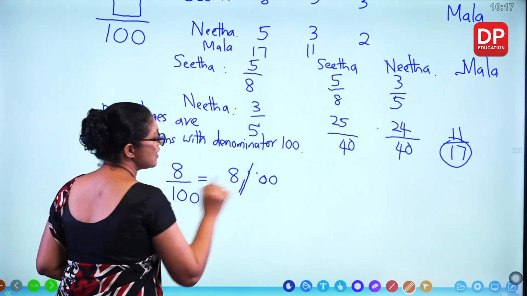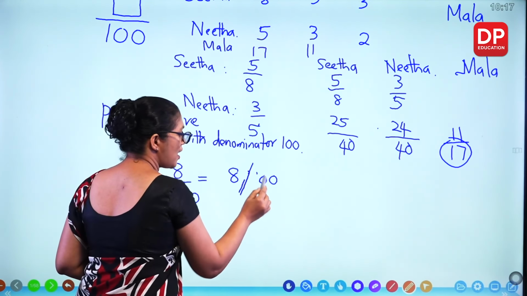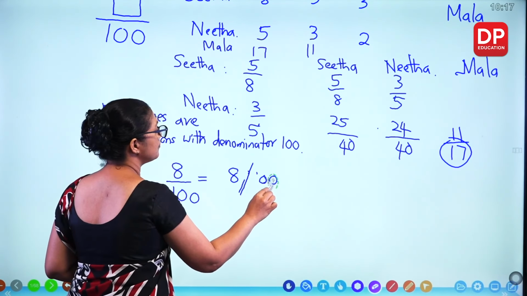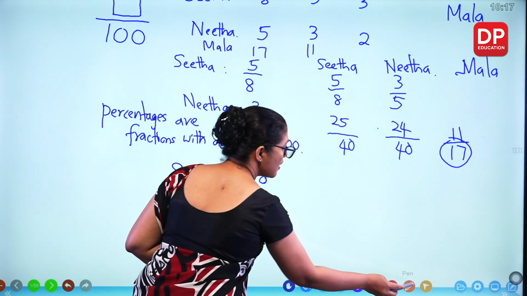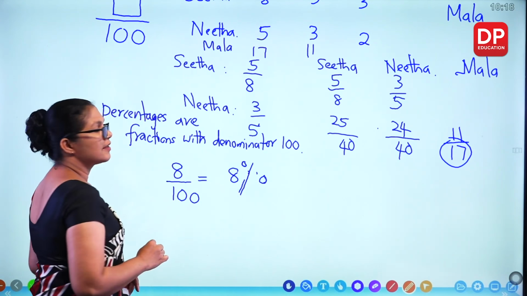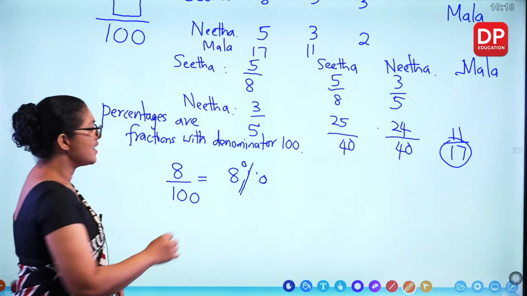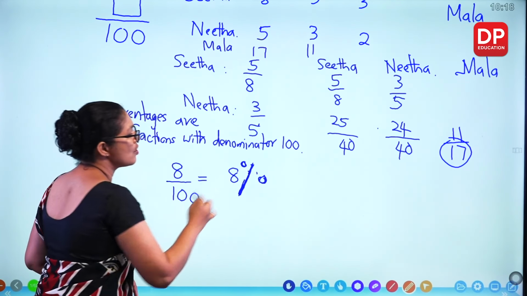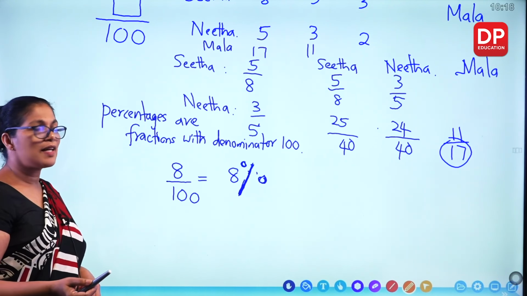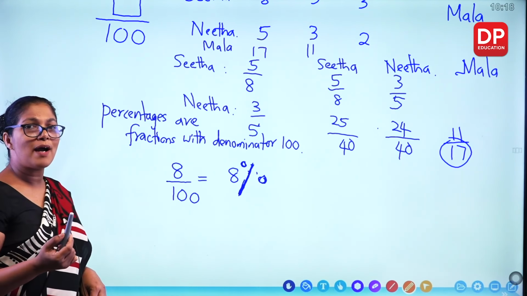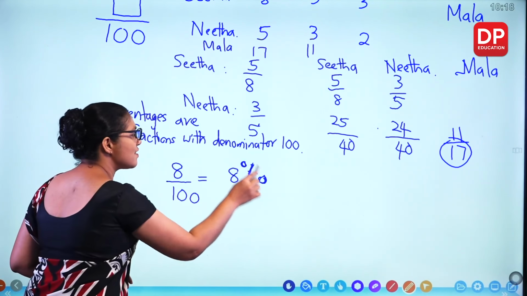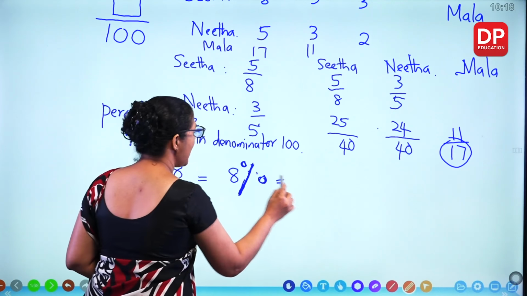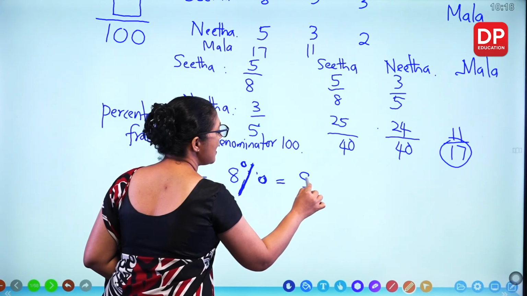Then I get 2 zeros. I'll put 1 0, erase 1 0 and put it here. What happens? I get this symbol, this line with 2 zeros. This is same as dividing by 100. So this is called the percentage sign. So we can write 8 over 100 as 8%.